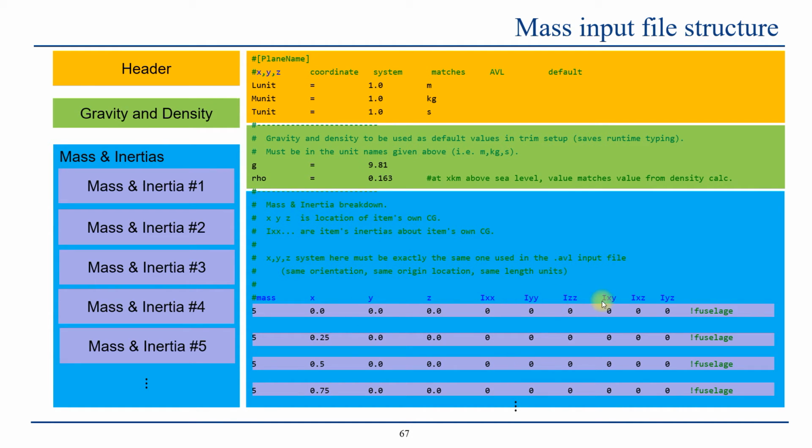Now, all the other elements, which are the inertias, so Ixx, Iyy, and Izz, and Ixy, Ixz, and Iyz, are the inertias for that particular point mass.